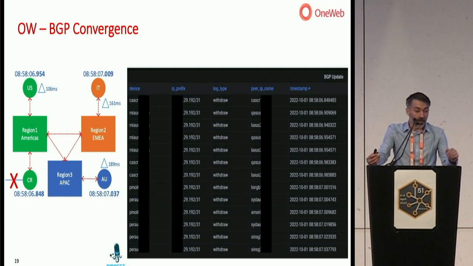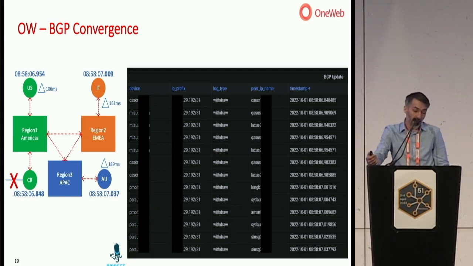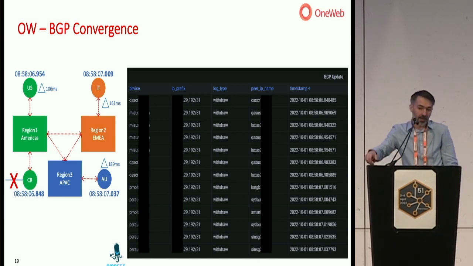So it's been an exercise for us to understand the convergence, and this is how it looks like in the OneWeb network. Our route reflectors are split between 3 regions, America, EMEA, and APAC. We have a full mesh of sessions between the route reflectors, and then each client peers with their specific region. So our convergence is less than 200 milliseconds in the worst case scenario.